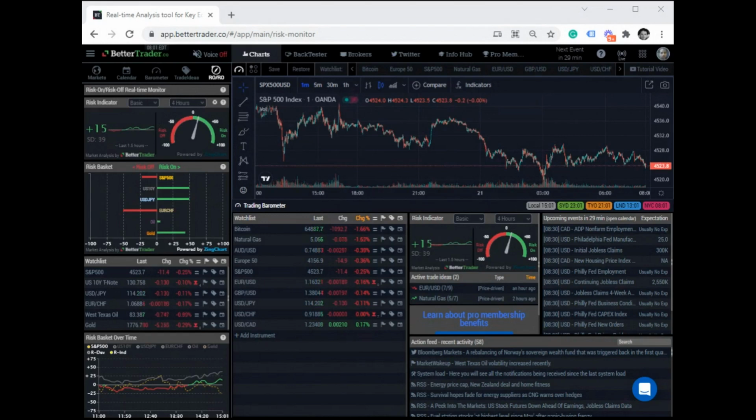All of these represent positive mood in the market. So each component here shows you the positiveness or negativeness in the mood right now. Oil is not so positive, not so negative. Gold represents some positive mood in the market. It means that gold probably is going down and not up.